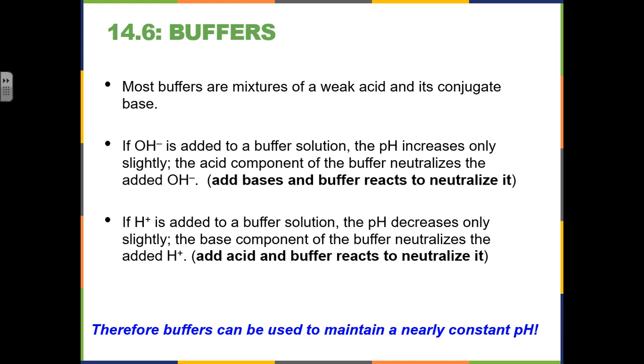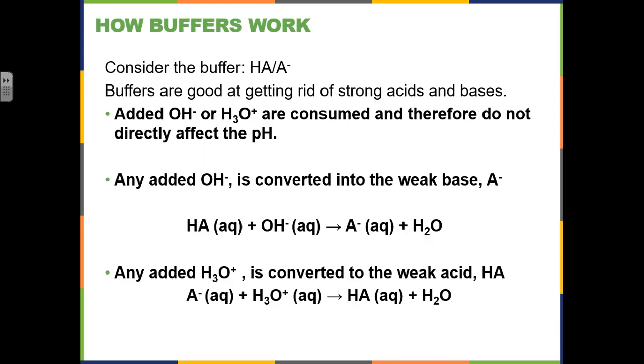Now, if you talk about how it works with an acid, if you add an acid proton or hydronium to a buffer solution, the pH is going to decrease only slightly, and the base component of the buffer is going to neutralize the addition of the acid proton. So therefore, your buffers serve to maintain a nearly constant pH.